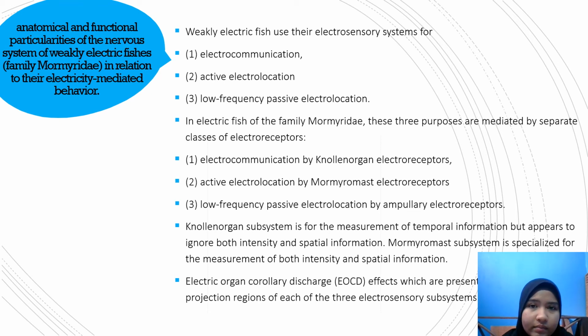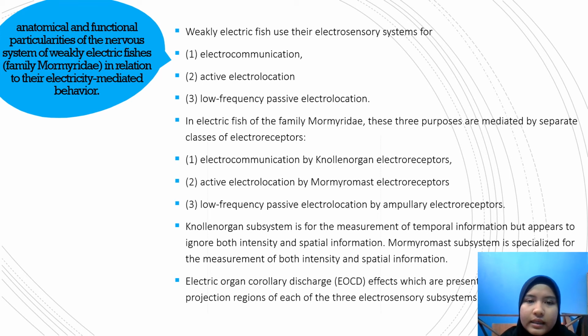The Knollenorgan subsystem is specialized for the measurement of temporal information but appears to ignore both intensity and spatial information. The mormyromast subsystem is specialized for measurement of both intensity and spatial information.